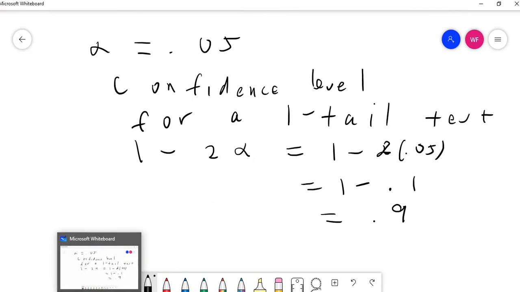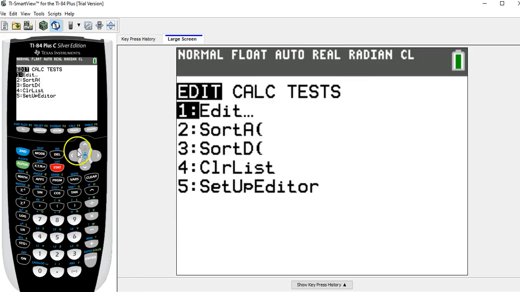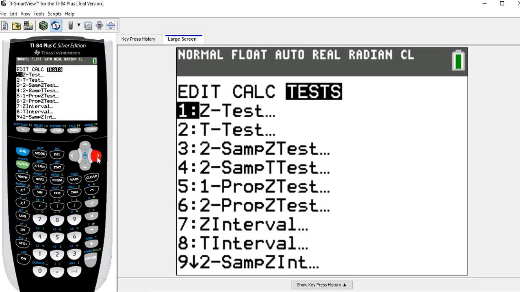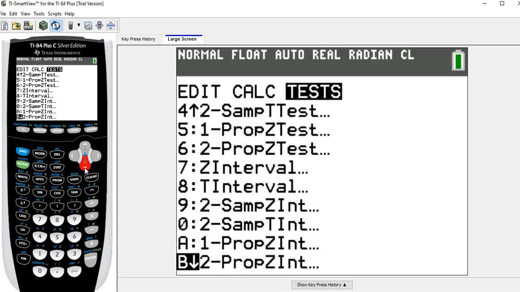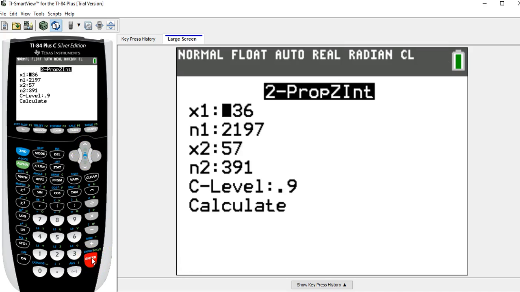Going back to the calculator, it's going to be stat, tests, 2prop Z int, which I think I have to arrow down to get to. There it is, 2prop Z int. The x1 and the n1 are still left over from the hypothesis test, so those are the correct numbers.